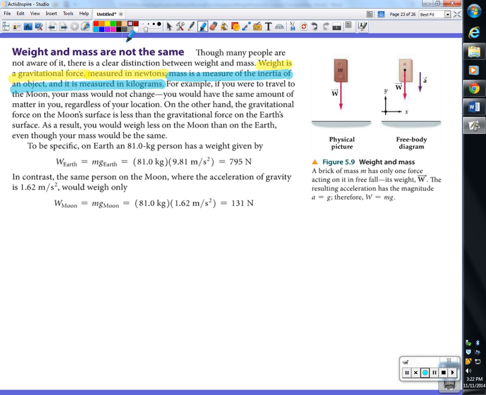And it says here, your mass would not change because mass deals with matter. However, the force of gravity is influenced by not only the matter in you, but the other object that you are gravitationally attracted to.